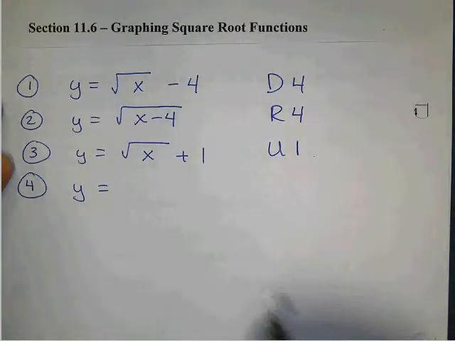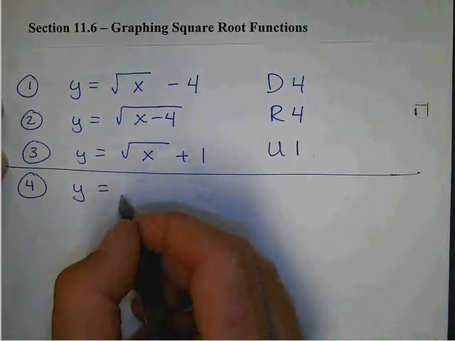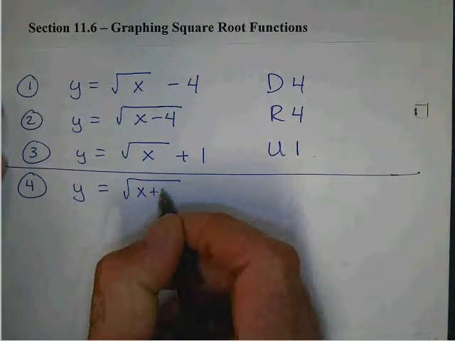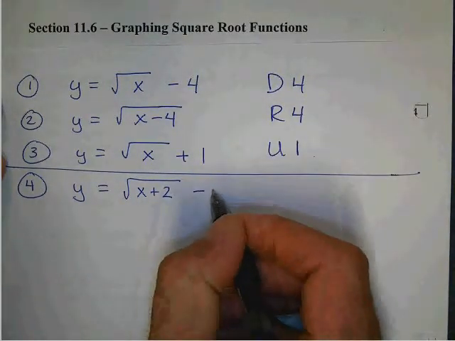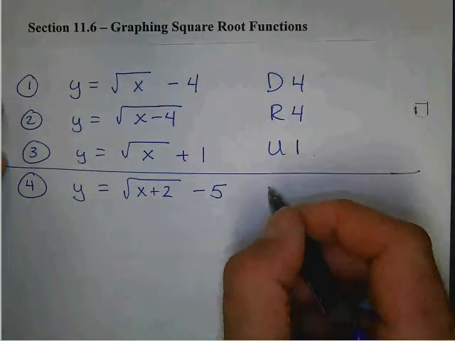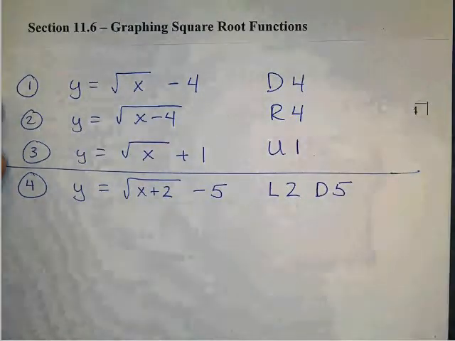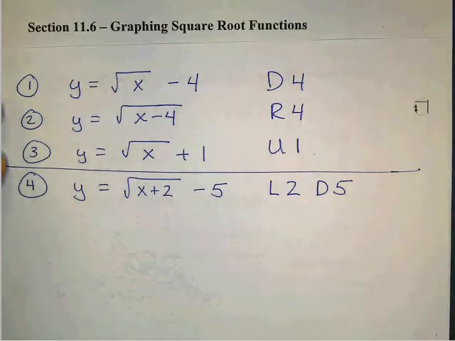Number 4. Level 2. The square root of x plus 2 minus 5. Zach. Left 2, down 5. Is he right? He is.